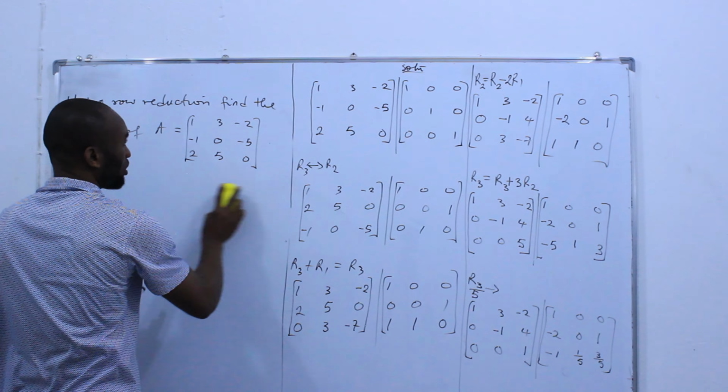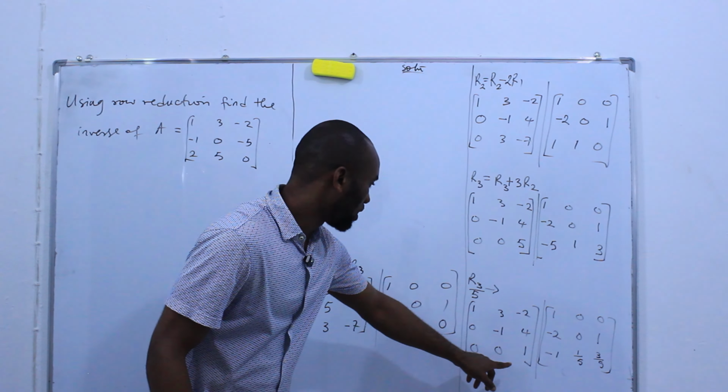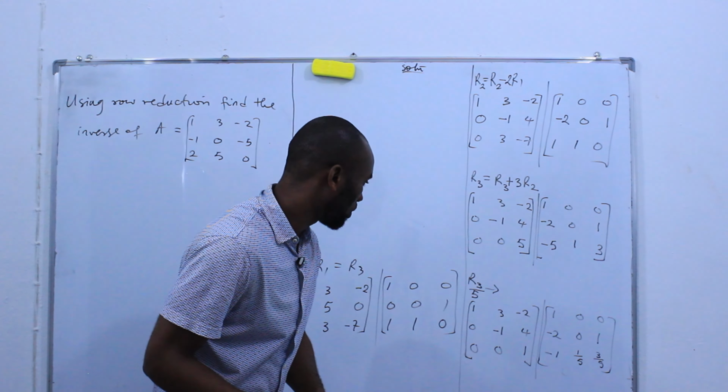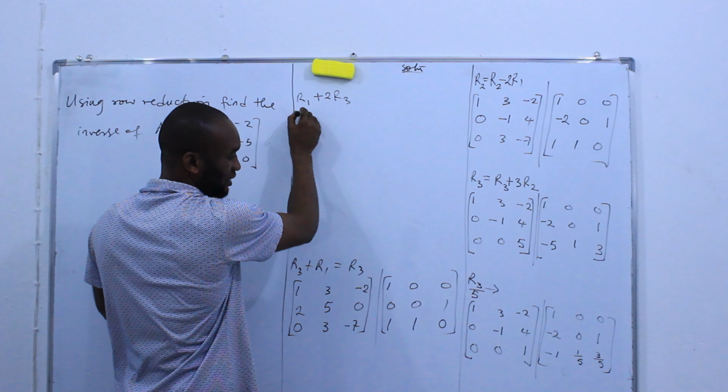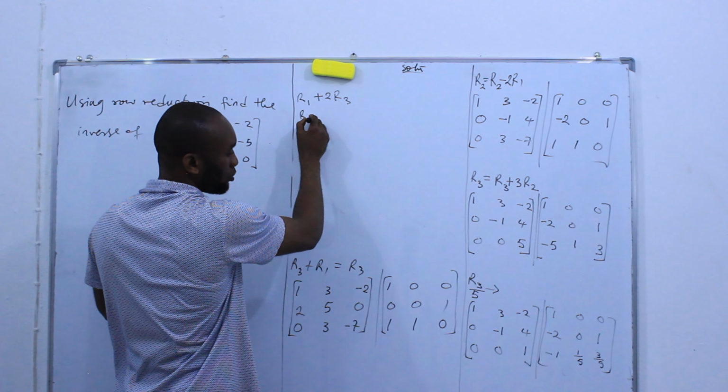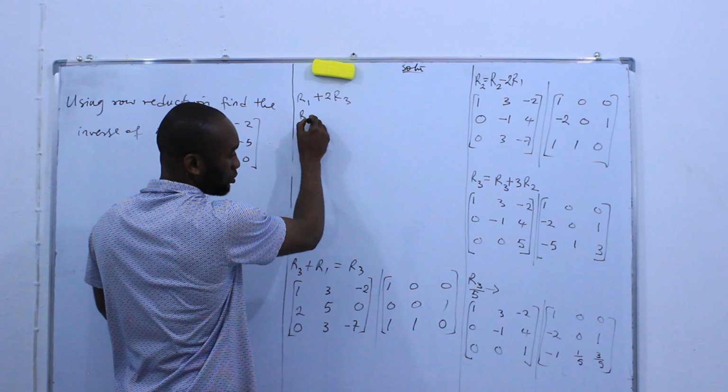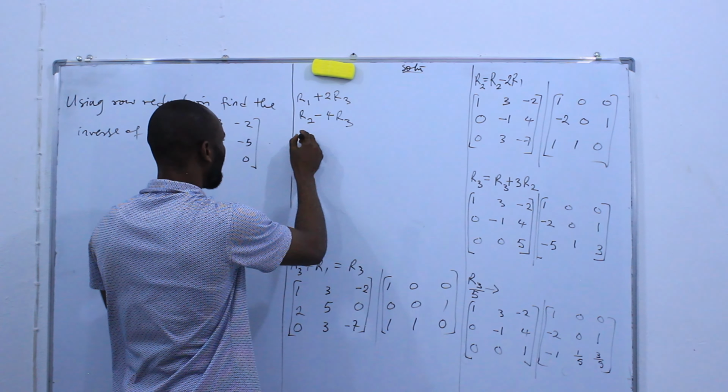Now we want to eliminate this and this. How do we do that? We're going to have row 1 plus 2 row 3 and row 2 minus 4 row 3 will give us these matrices.